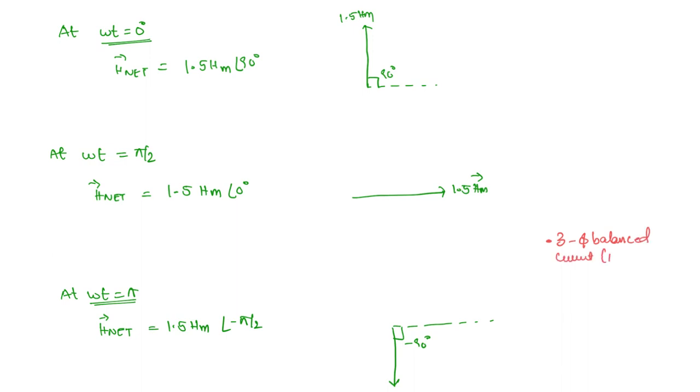That means 120 degrees shift with respect to time, and windings 120 degrees apart. That means with respect to space. When these two are happening, then you will get a rotating magnetic field. This is the basis for an induction machine as well as a synchronous machine. So make sure you understand this properly.